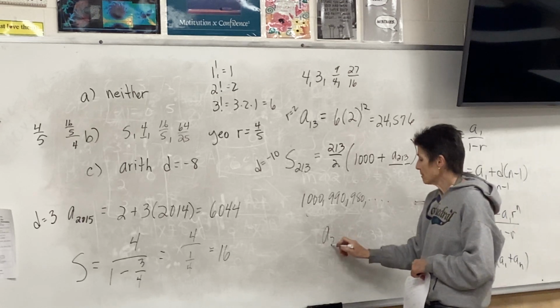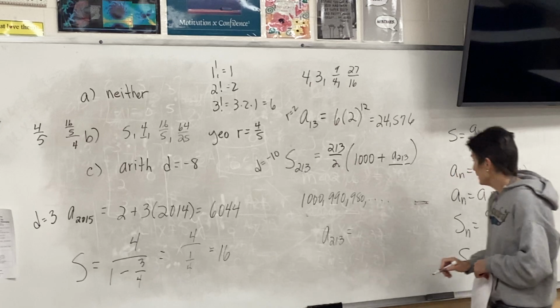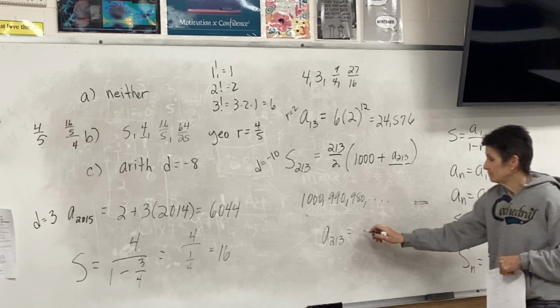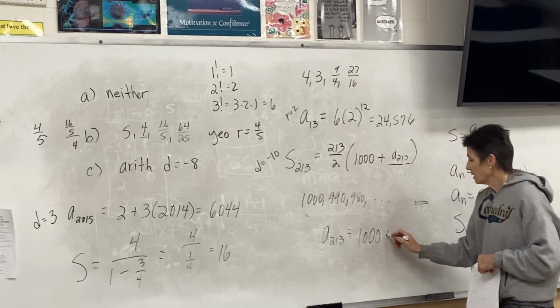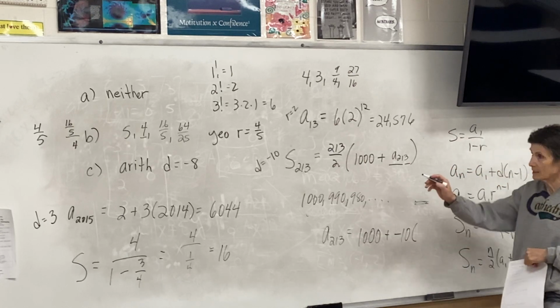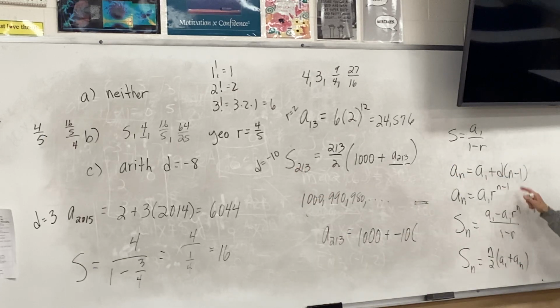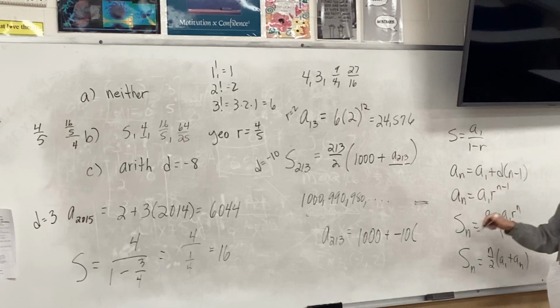So a sub 213 is the first term, which is 1,000, plus the common difference, which we already said was -10, we're going down by 10s, times n minus 1. Well, remember n is 213, so that's going to be 212.